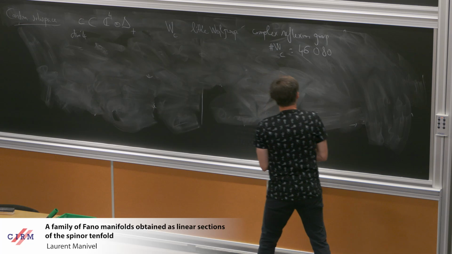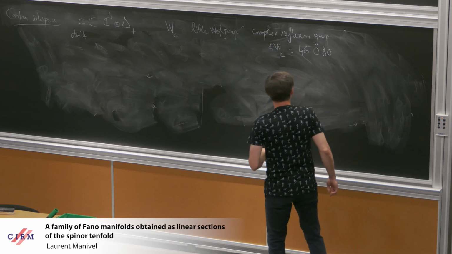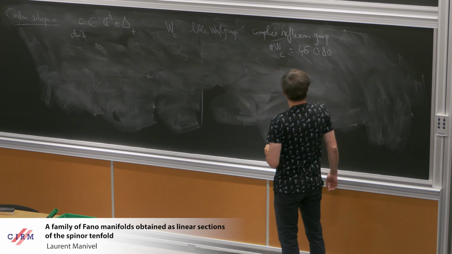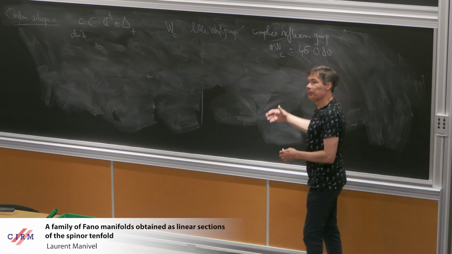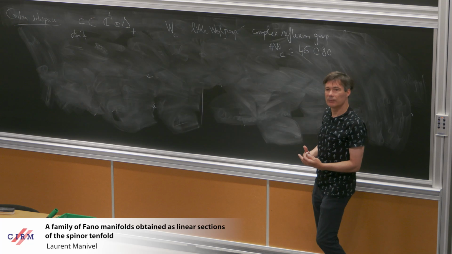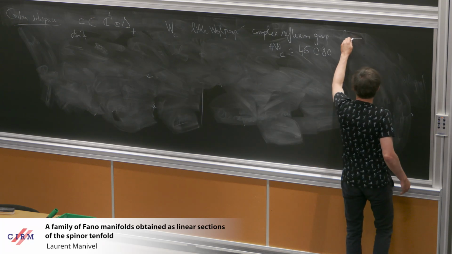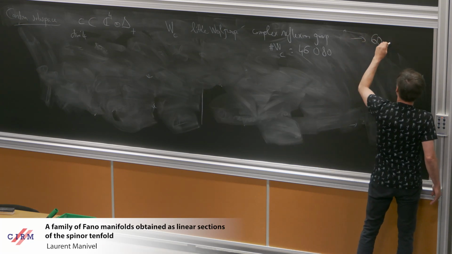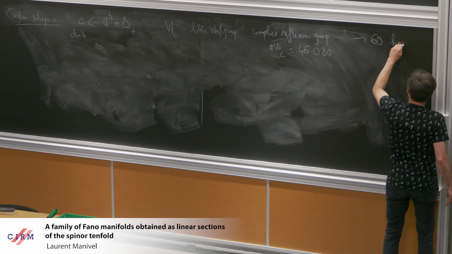Okay. So this means that the group is generated by reflections along hyperplanes. So you have an arrangement of 60 reflection hyperplanes.